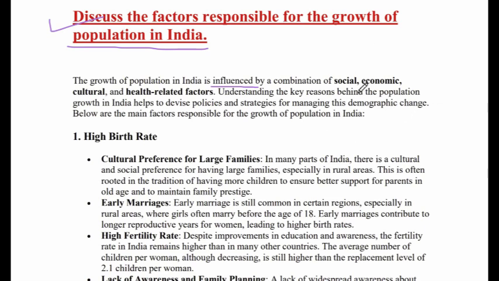One is the social factor, that is society. Economic factor, whether you have money, whether you're rich, poor, what category you fall into. Culture, what does your culture say. And health related factors also, young population, old population, and so on. So let's understand the key reasons behind the population growth in India.